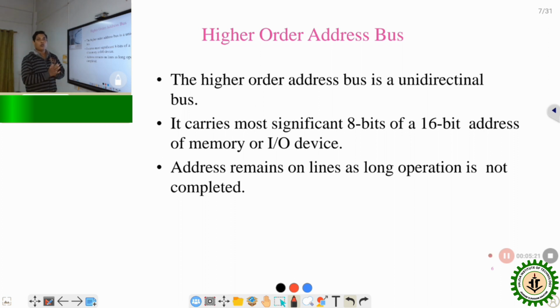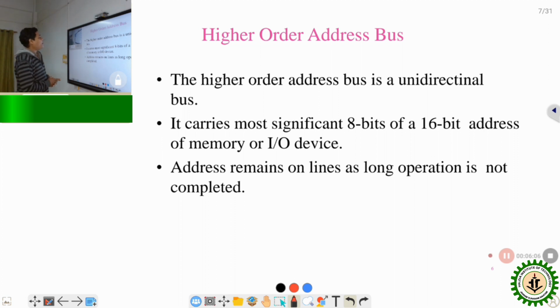Higher order lines are unidirectional because they only carry the address from the microprocessor to the memory, whereas AD0 to AD7 multiplexed address lines are bidirectional because they not only send the address to the memory or IO device, but also carry data either from the microprocessor or to the microprocessor. That's why AD0 to AD7 lines are bidirectional, whereas A8 to A15 higher order address lines are unidirectional.